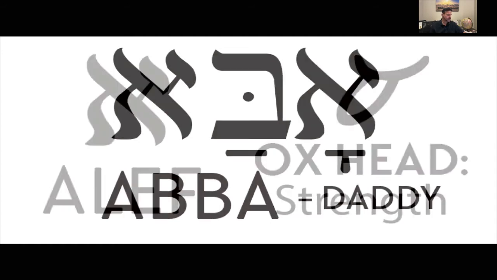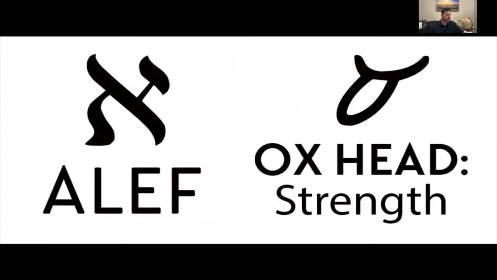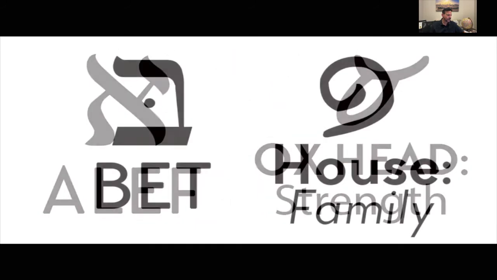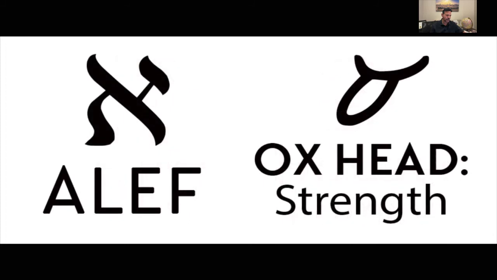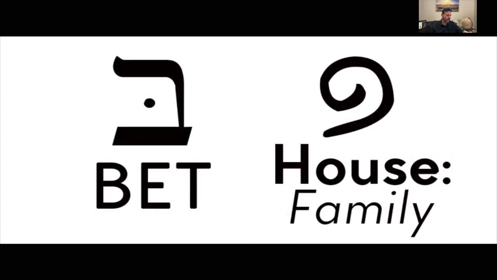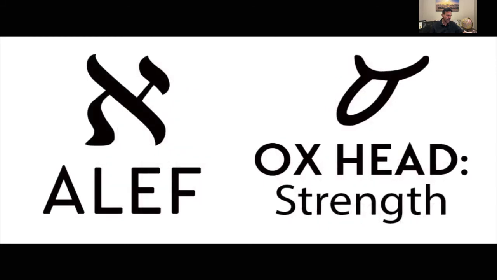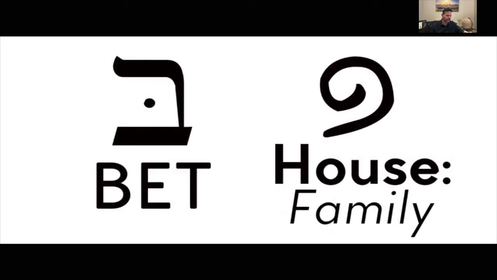So we take the first letter aleph, which is an ox head of strength, and then we add the letter beit, which is the house or family, ancient pictographs of an ox head coupled with a house. And this ox head, which is the head of the house, is the father.